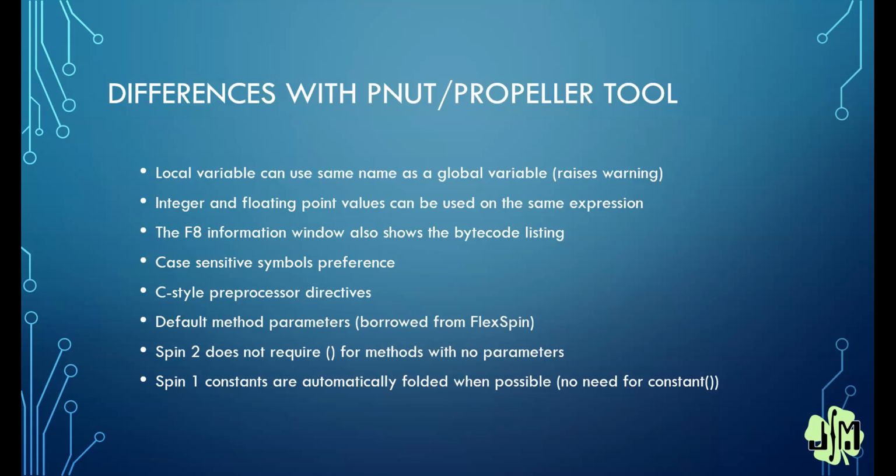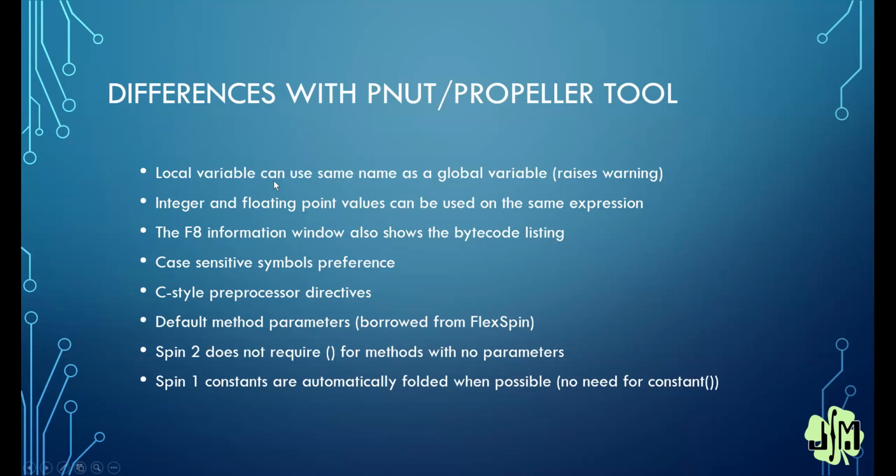It will warn you if you have a global variable and then you define a local with the same name, you'll get a little yellow warning on the local and it will say that it's hiding the global. So within the method where the local was defined, it will use the local. If you use the global name in another method, then it will use the global value. It can be confusing. Again, I would never do that, but it is allowed here.